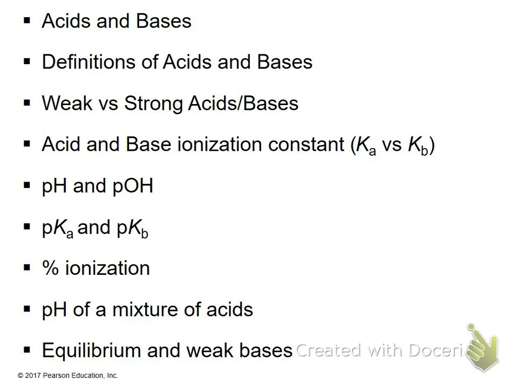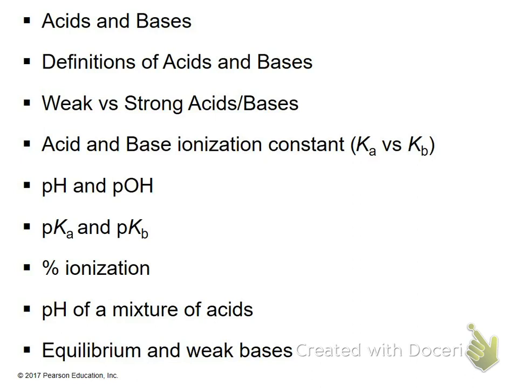All right, so in this lesson, we'll learn about two other ways of determining the strengths of acids and bases, and we're also going to look at how we can determine the pH of a mixture of acids. Let's say we have a mixture of a strong acid and a weak acid. How would you determine the pH? Or if we have a mixture of two weak acids, a mixture of weak acids, how do you determine the pH?